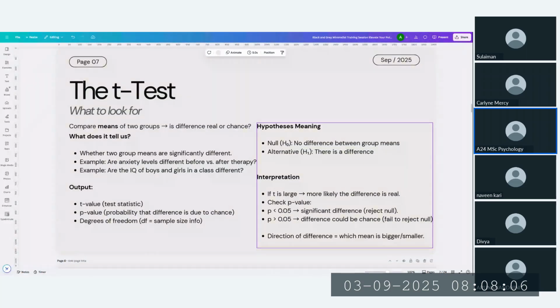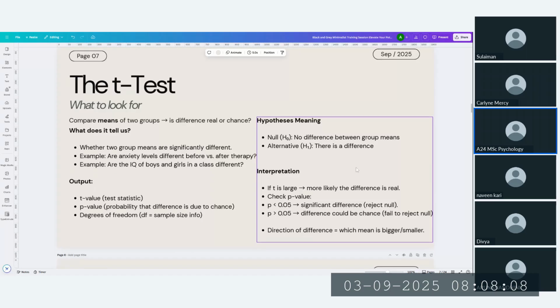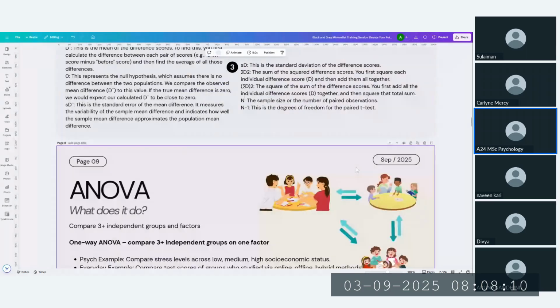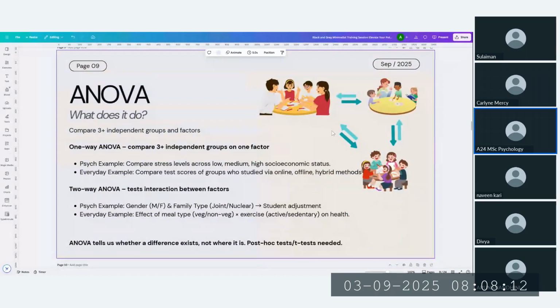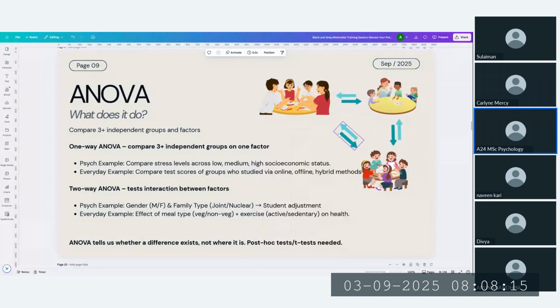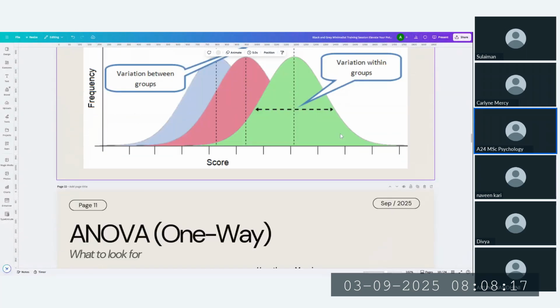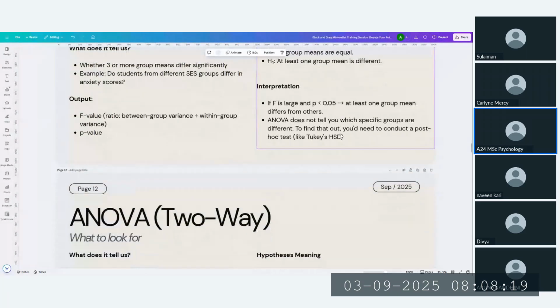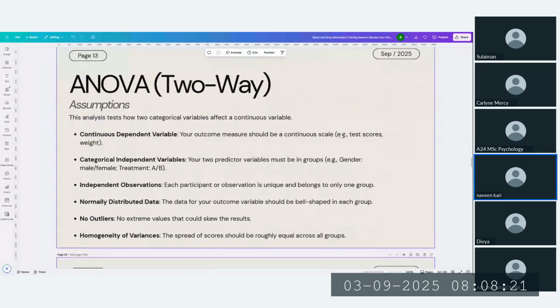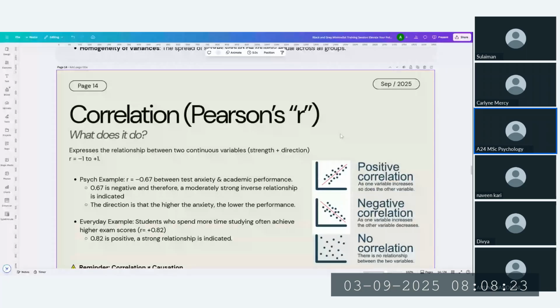Is it the t-test? Is it ANOVA, which compares different groups and factors? Is it regression or correlation? Which one?